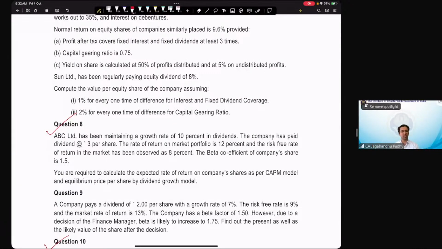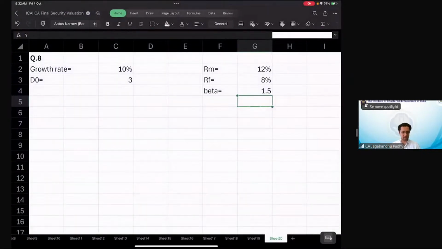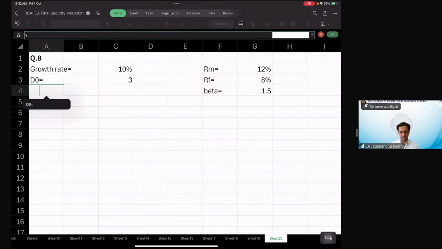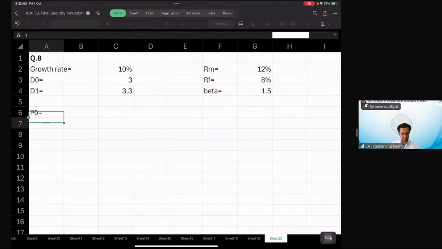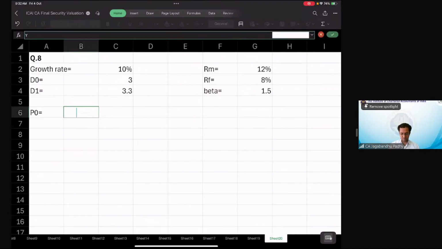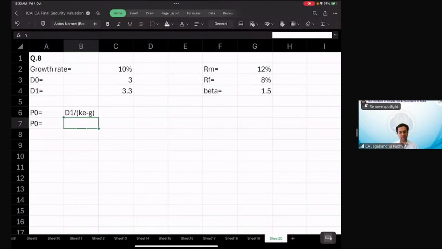Now, of course, to calculate the dividend, we know the growth rate. From this, we can get the D1. What will be D1, guys? D1 will be 3 multiplied by 1.1. So that's 3.3, correct? So dividend will be 3.3. Now to calculate the value of the share, P0, we need D1 upon KE minus G. So P0 is D1 upon KE minus G. We have D1 already, but what will be the KE?